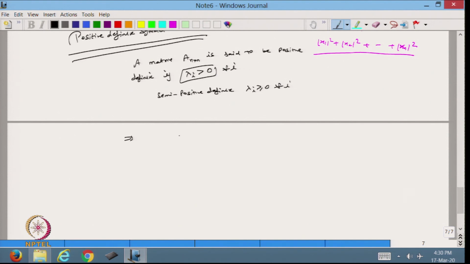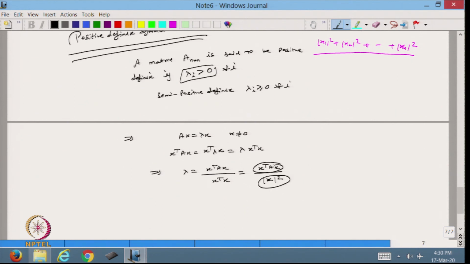So, from here I know how to find the eigenvalue. I can find the eigenvalue as Ax is equal to lambda x, where x is not equal to 0 and lambda is my eigenvalue. I can multiply this with x transpose, and I can write lambda x transpose x equal to x transpose Ax. So, x transpose x is the square of the norm, so this quantity is always positive.